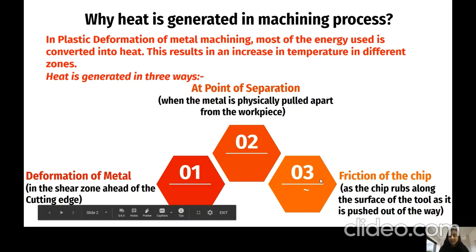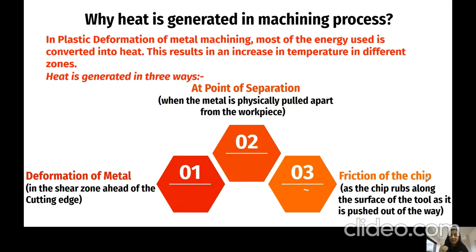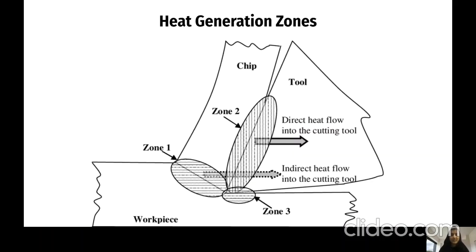The third reason for the heat generation can be due to the friction between the chip and the rake surface of the tool, when the chip surface rubs along the rake surface of the tool in case of a continuous chip.